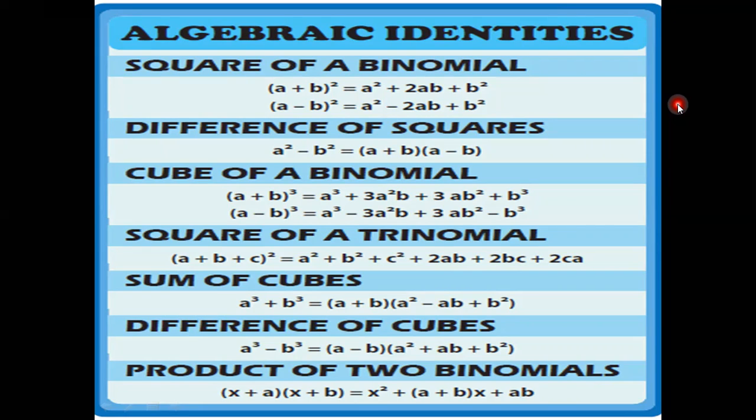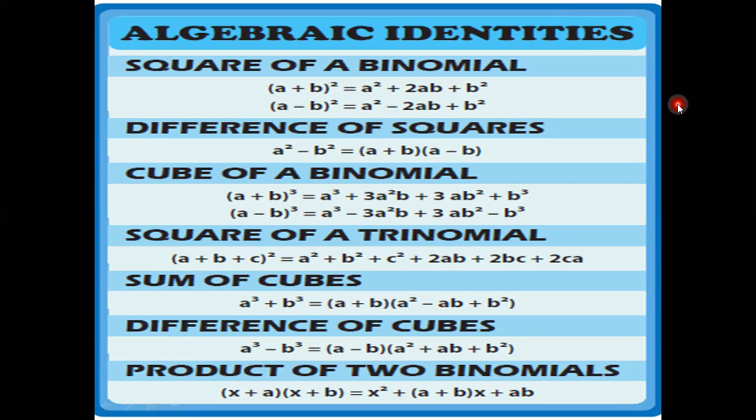Towards the end of the chapter, you learn how to use the next identity, which is a cube plus b cube, which is equal to (a plus b) into (a square minus ab plus b square). Also, we shall be using the identity a cube minus b cube, which is equal to (a minus b) into (a square plus ab plus b square).